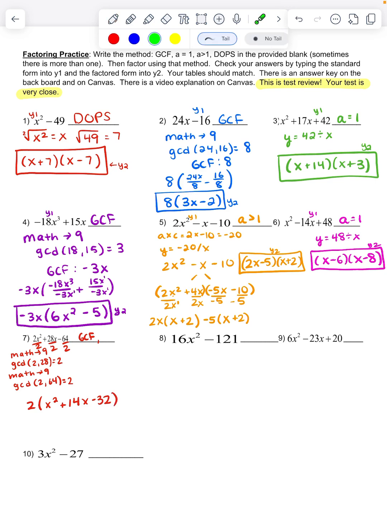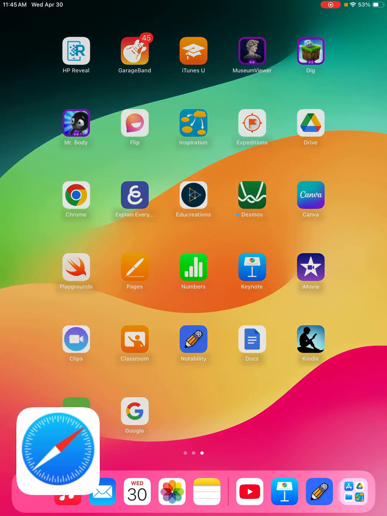But now what I have inside is a trinomial where the first term is a equals 1. So this actually is GCF, and then that GCF turns into an a equals 1 problem. So with this stuff here inside, I'll do y equals negative 32 divided by x, and I'll see if anything on my list adds to positive 14.